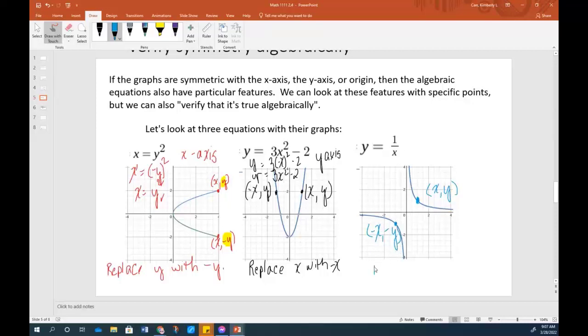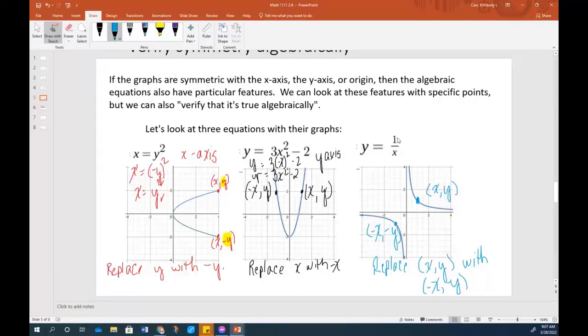Okay? So here we replace both the x and the y with the opposite of x and the opposite of y. And it should be equivalent.